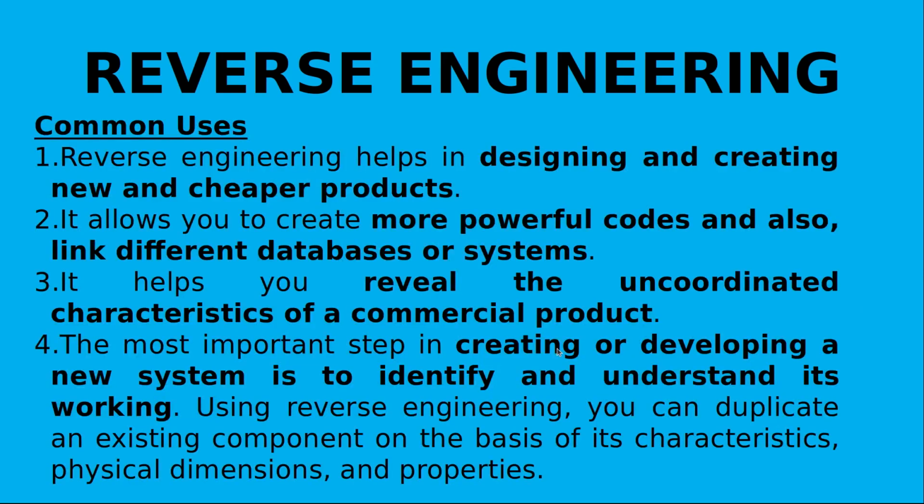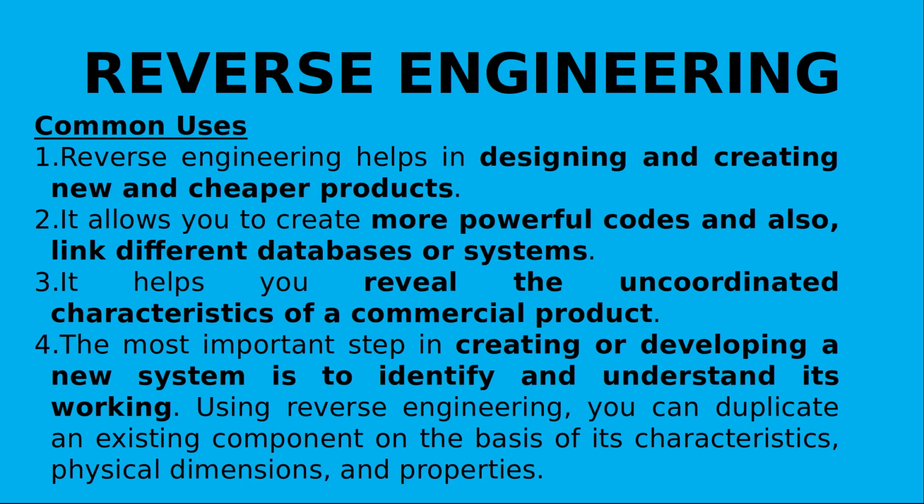Now what are the common usages? First, designing and creating a new, cheaper product, because we are taking the source code from the original machine code. Then powerful codes and also linking different databases.